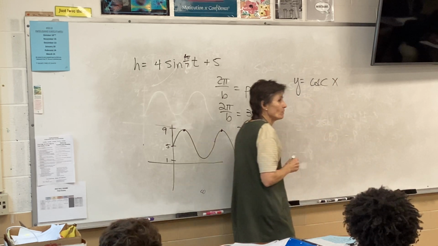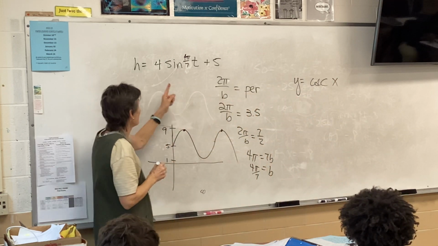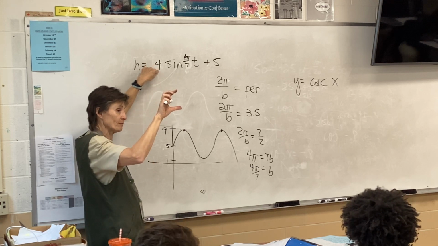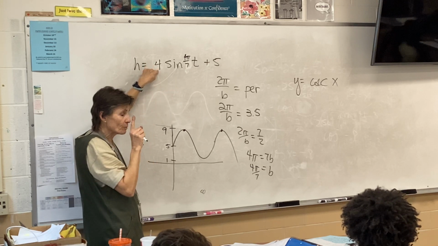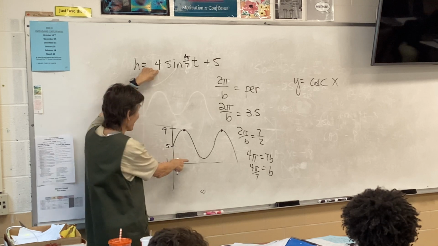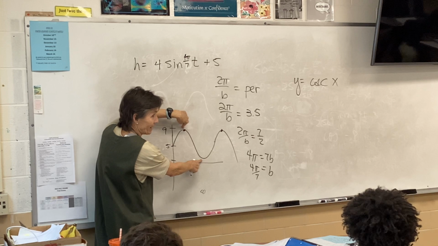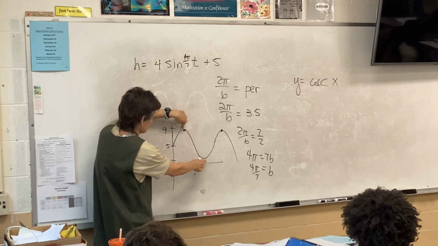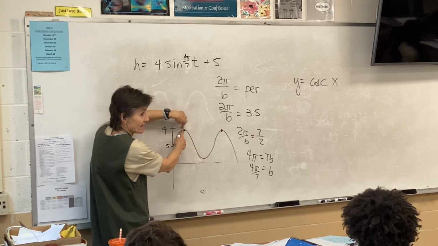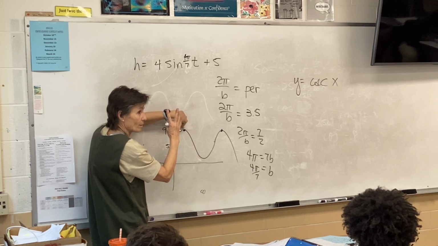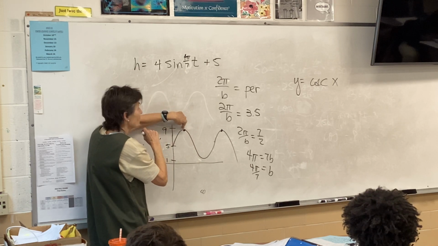Good thought-provoking stuff there. Please remember, amplitude is the height of the wave. Or you can think about it as half the distance from the top to the bottom. That's the amplitude. From 1 to 9 is 8. Half of that's a hill, half of that's a valley, so 4 is the amplitude.